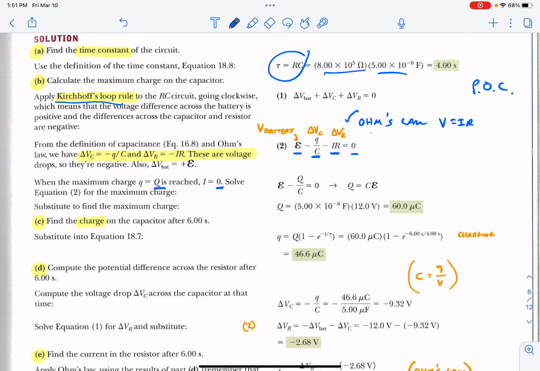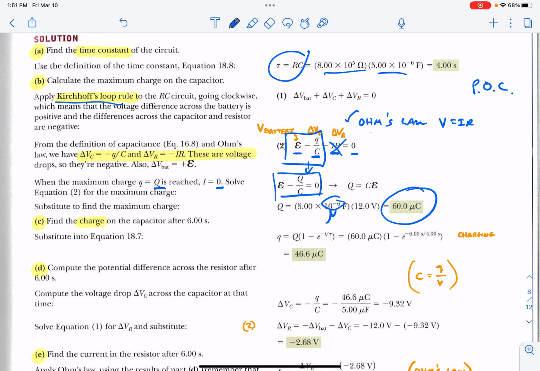The current goes to 0, and if the current goes to 0, that term goes to 0, which leaves us just this, which is what you see right here. And now we can solve for the charge by plugging our numbers in. Remember, micro is 10 to the minus 6th.